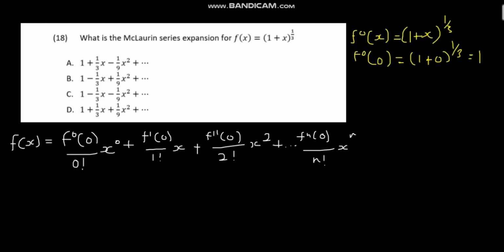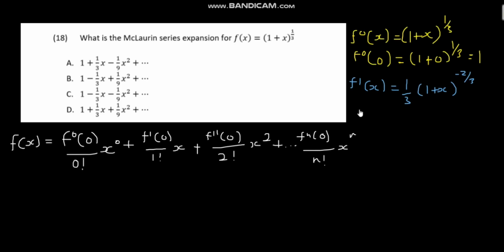Okay, then after this, let's find the first derivative of the function also. That'll be f prime of x. For this part, let's apply the chain rule here. So that'll be 1 over 3 times bracket 1 plus x to the power 1 over 3 minus 1, so that'll be minus 2 over 3.